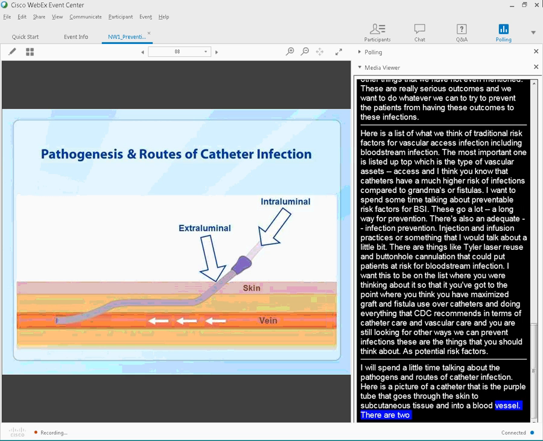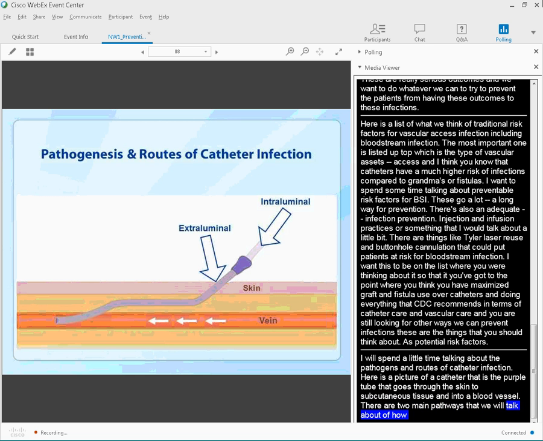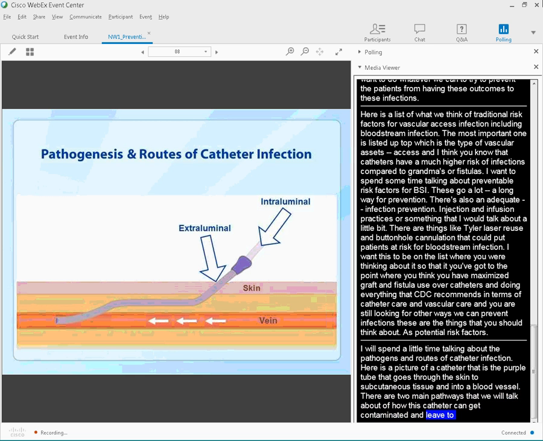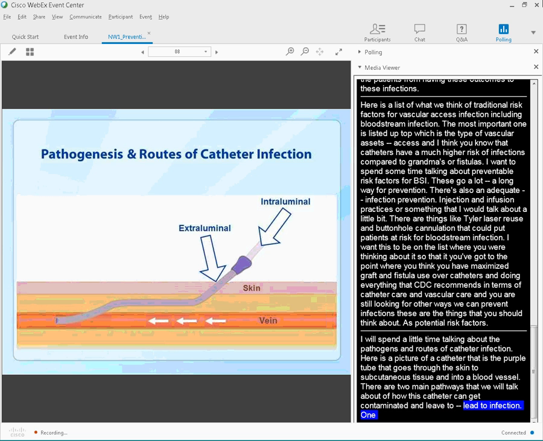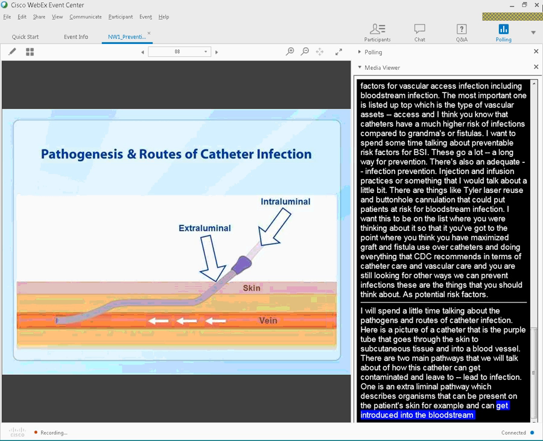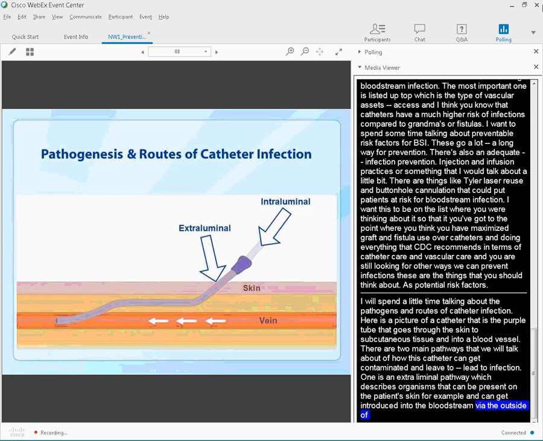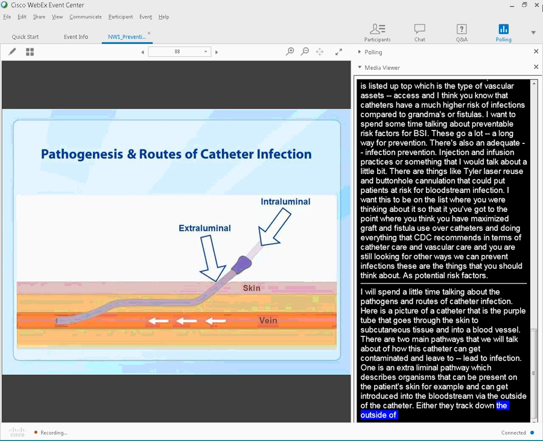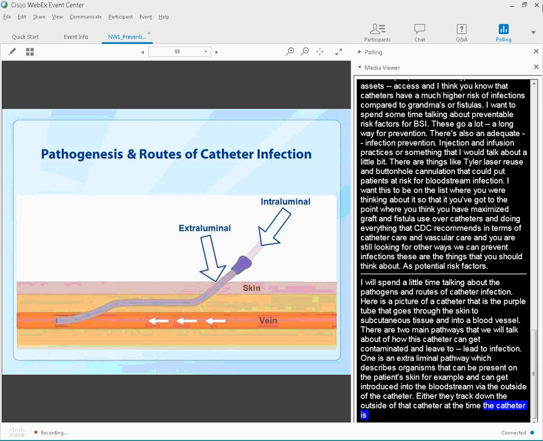One is an extraluminal pathway, which describes organisms that can be present on the patient's skin, for example, and can get introduced into the bloodstream via the outside of the catheter. So either they track down the outside of that catheter at the time that catheter is inserted, or after the fact, after it's inserted, and it goes down the outside surface of the catheter and into the bloodstream.